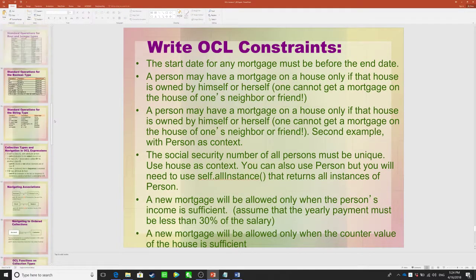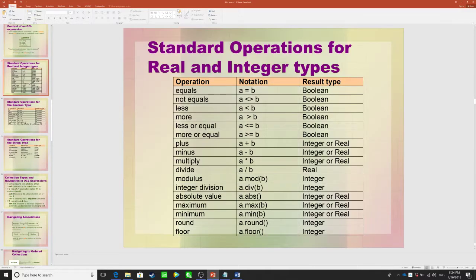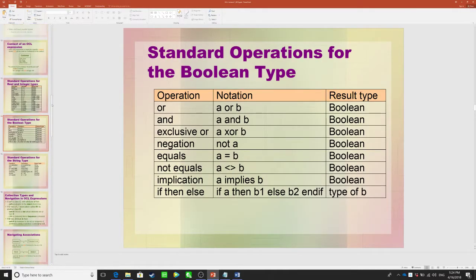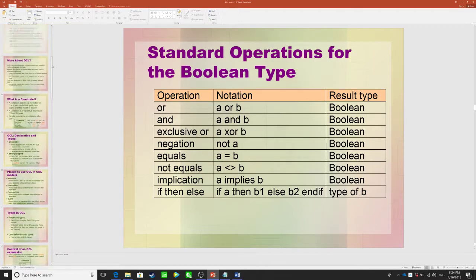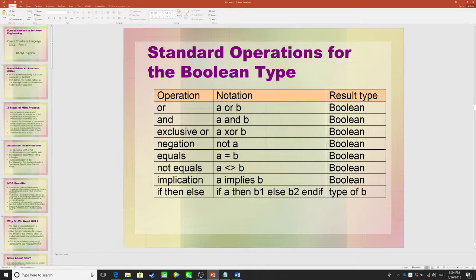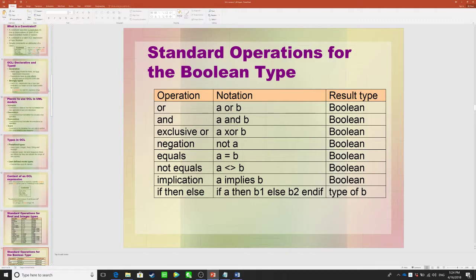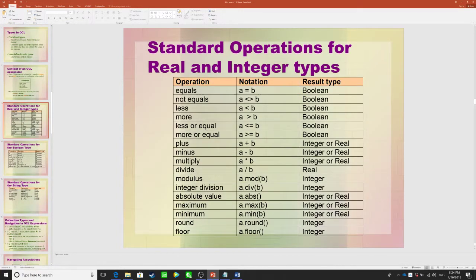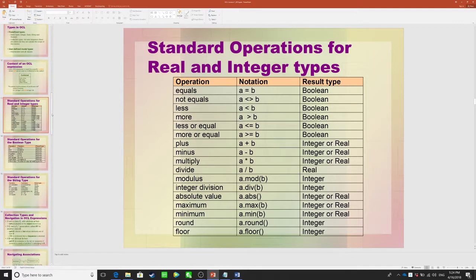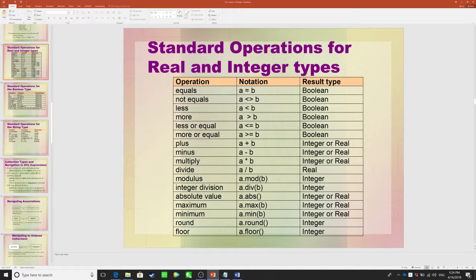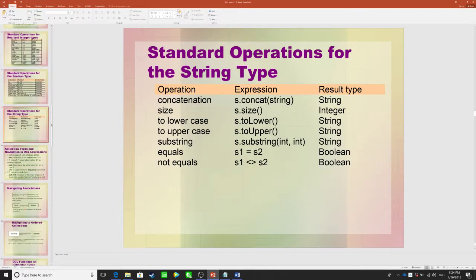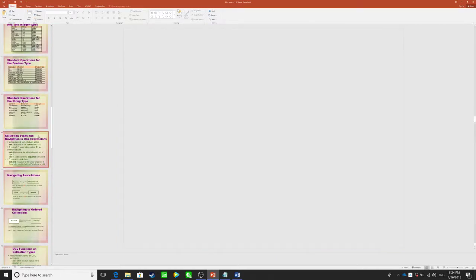The sum is basically a function here in the collection. I don't know if I say something about that here. String, collection type.